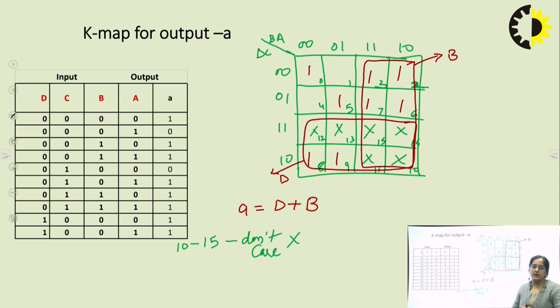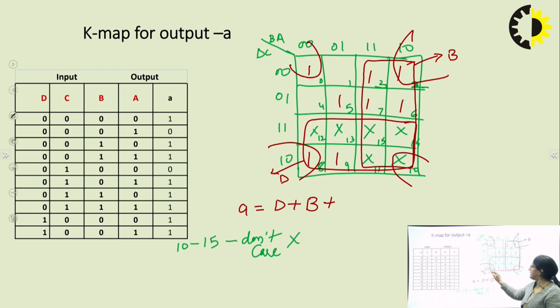We have to make a pair or quad for these ones. So to cover this one, we will have a corner as a quad. Is it okay? Or we can make it folded, this one, this one, this. Either way, same, both are the same.